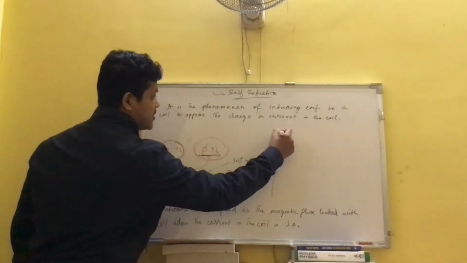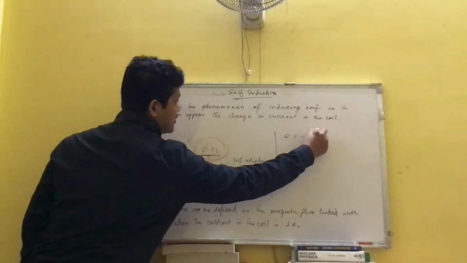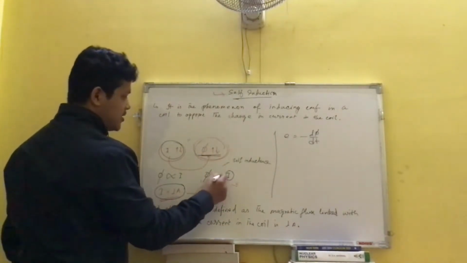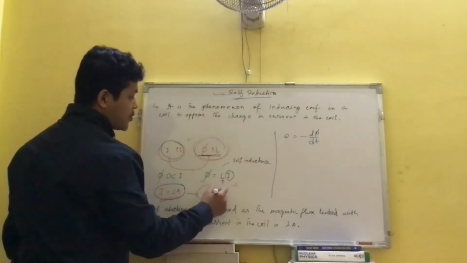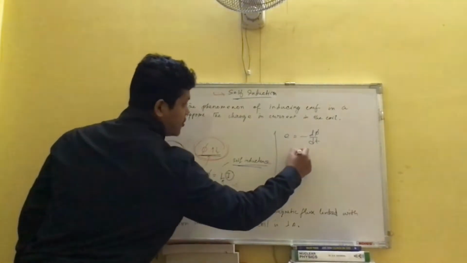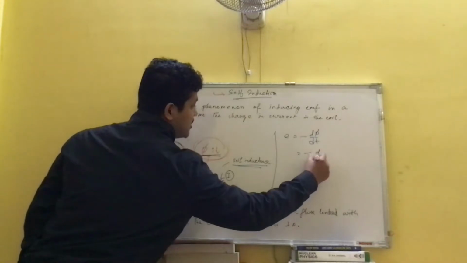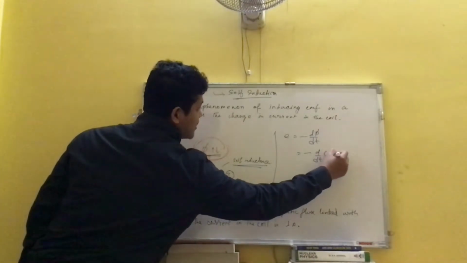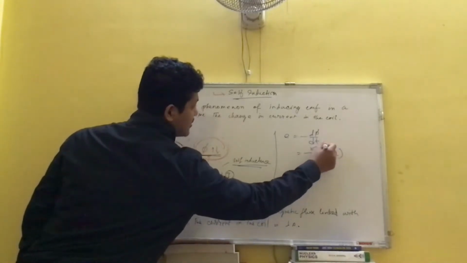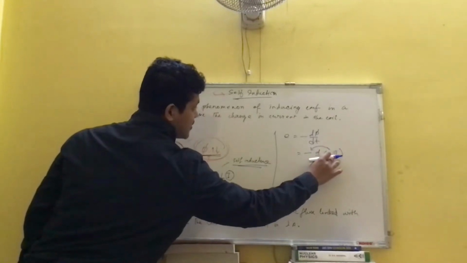Faraday's second law gives that the EMF induced in the coil is minus d phi by dt. And here L is the constant of proportionality, which is self-inductance. So it is constant. When you put phi is equal to L I here, d by dt of L I, this L can be taken out as it is a constant.